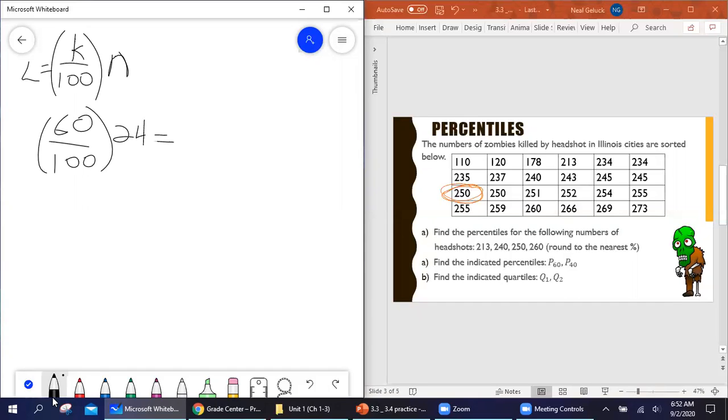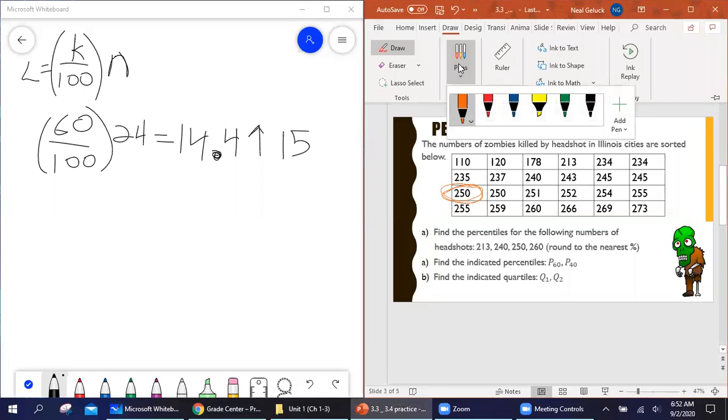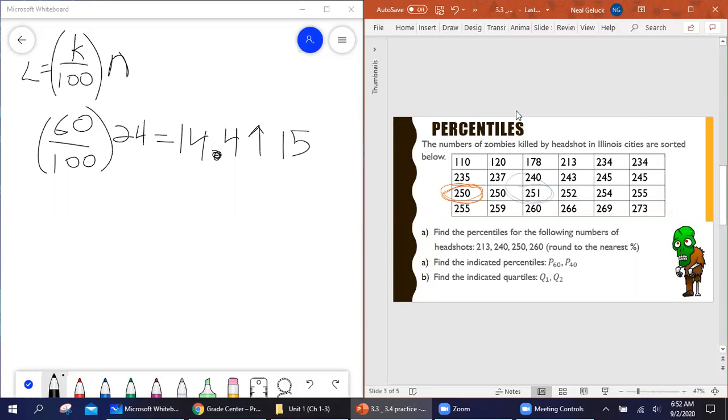That gives me 14.4. Now remember, that's not the answer to the problem. Using that flow chart that we talked about, that's not a whole number, so I take it up to the next whole number, 15. And that means I'm going to count to the 15th value. So the 15th value, 6, 12, 13, 14, 15th.